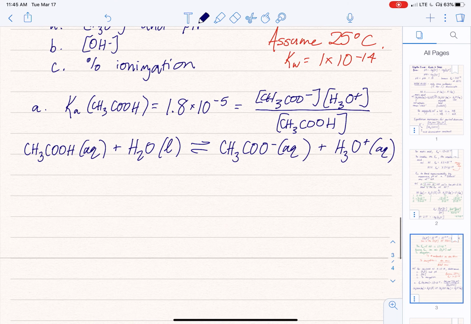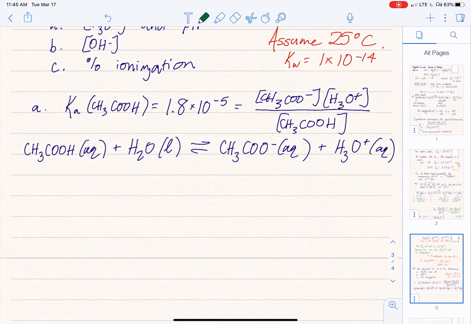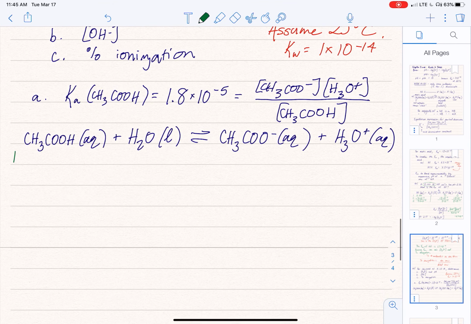So now, let's make an ICE chart, and we can fill in the things that we know and figure out the things that we don't know using those algebraic strategies that we learned in Chapter 12 for the equilibrium stuff. Okay, so what do we know? Well, not much at the moment.